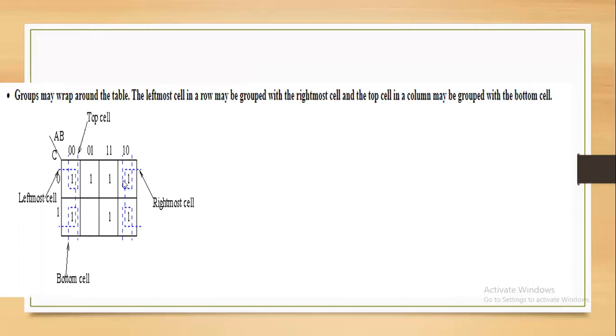They should be at the extreme corners, whether it is extreme top and extreme bottom, or horizontal or vertical, but it should not be nearby. I can't group nearby, and I can't group diagonally. So this is the last rule of grouping cells.